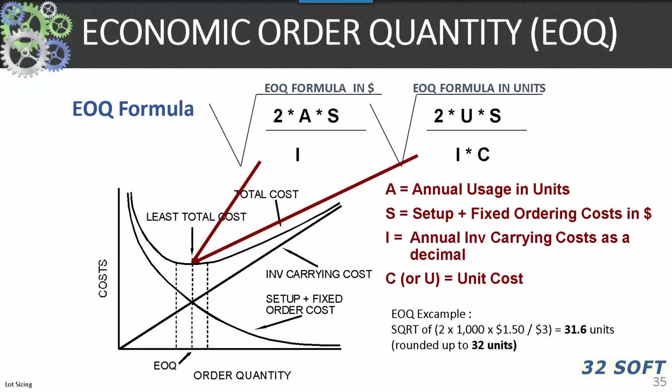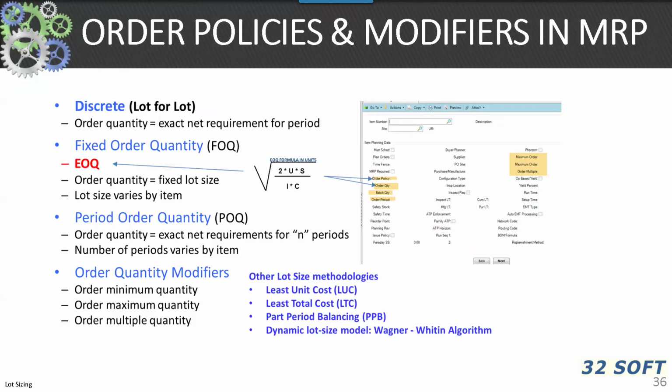Or if you want it in terms of units, it's the square root of 2 times the unit usage times setup divided by the carrying cost times the unit cost. So that value then can be input to MRP in the 1.4.7 or 1.4.17 as the order cost.